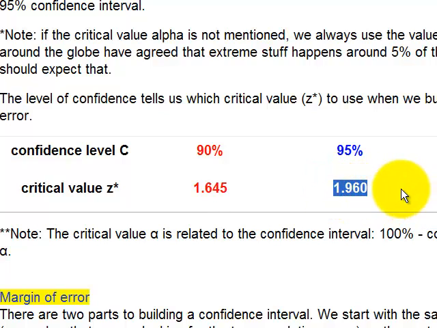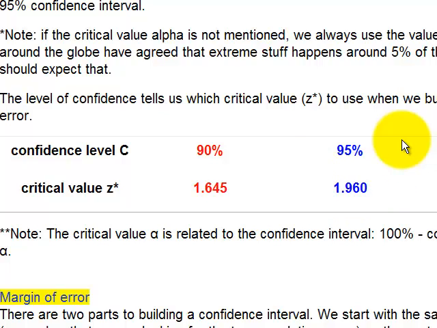And look how close this is to 2, right? It's 1.96. So that, again, is the 2 standard deviations plus or minus the mean should contain about 95% of your data. So that's what a confidence interval is.